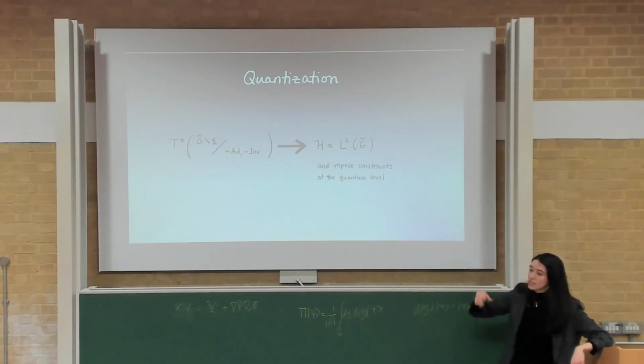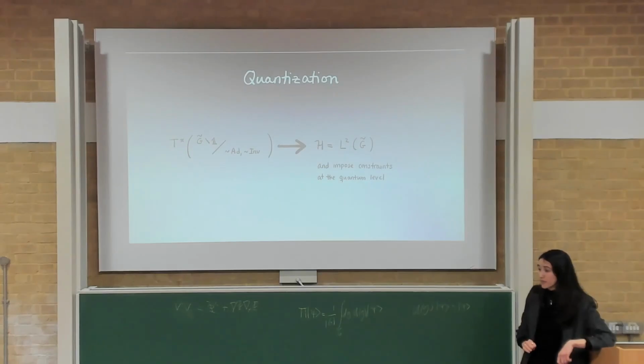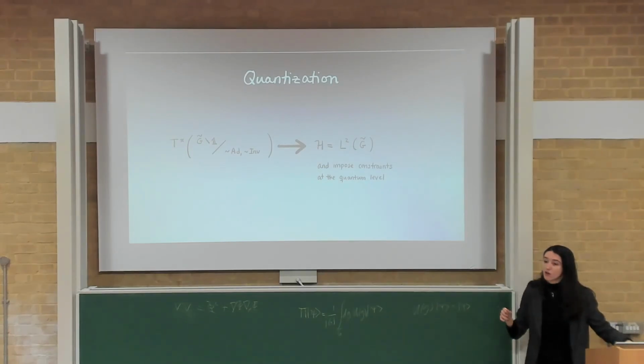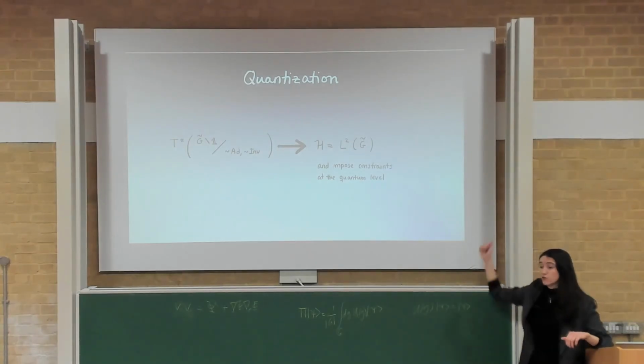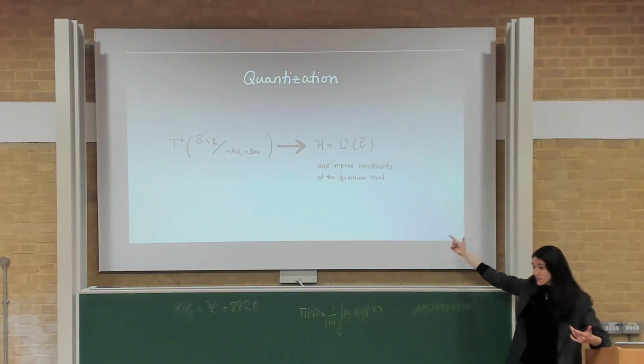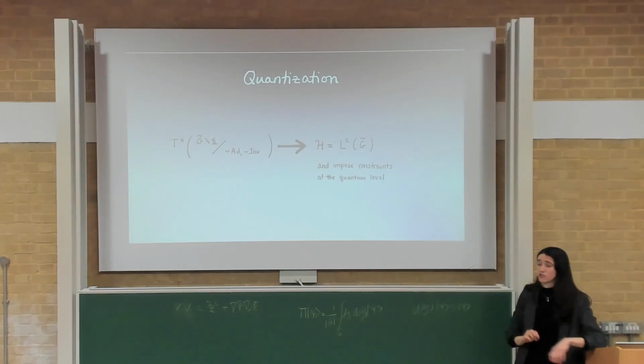So we need to impose the constraints at the quantum level, according to different procedures. You can use group averaging, which has been shown to be a special case of BRST quantization, or more generally BV quantization, which I think is what you're going to need for this theory.